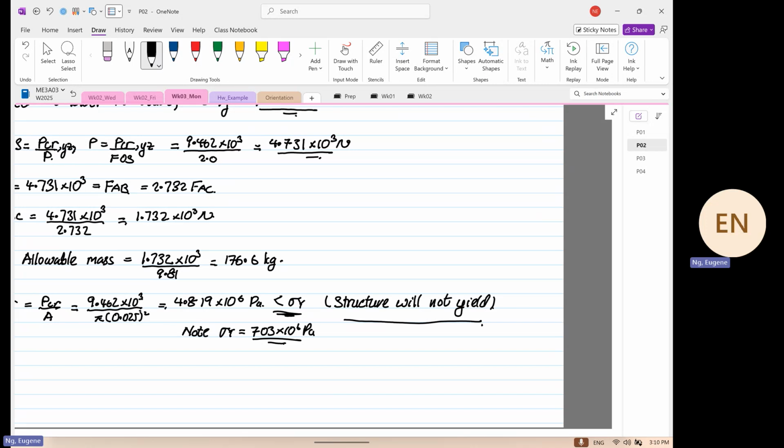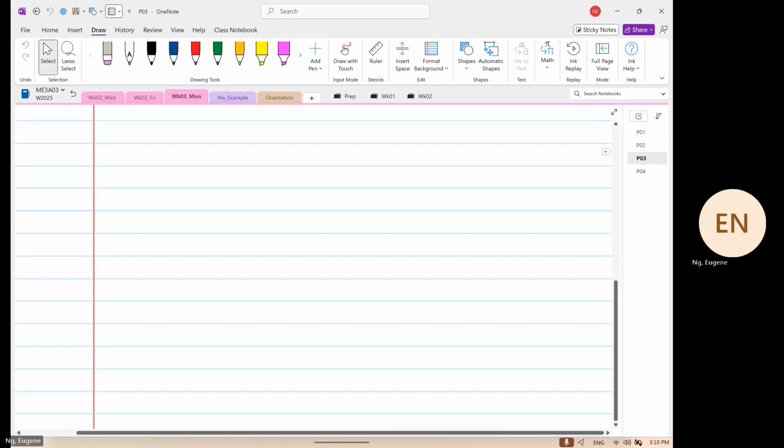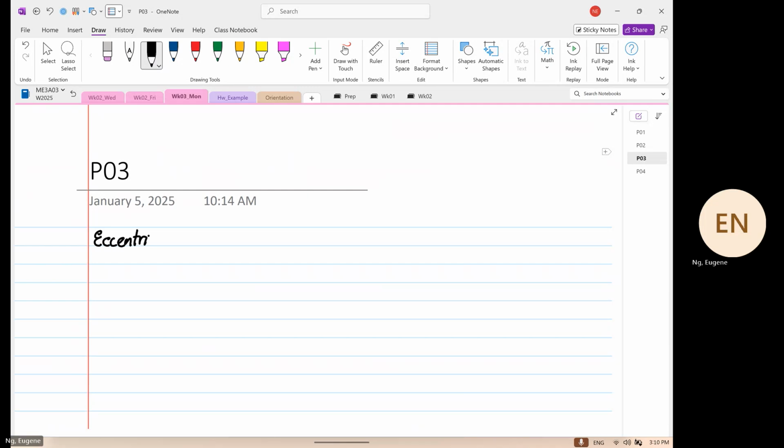Right. So now I'm going to move on. We have done close to 2 weeks of buckling. Next is eccentric buckling. Okay. So the next topic, still under buckling. We are now going to look at eccentric buckling. Okay.